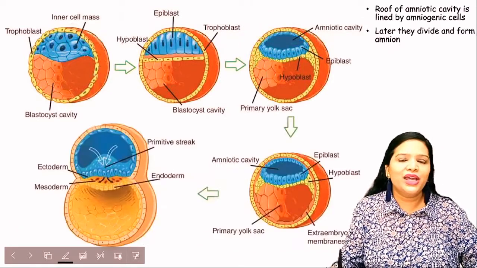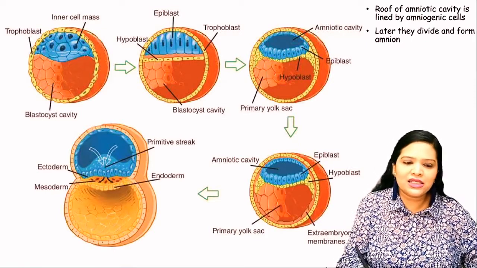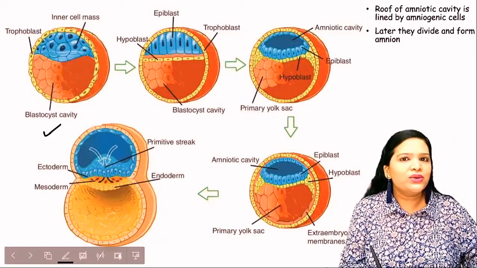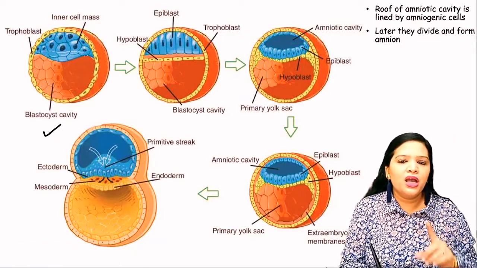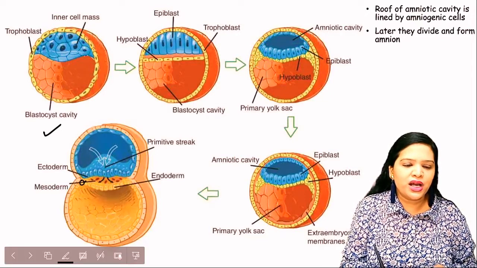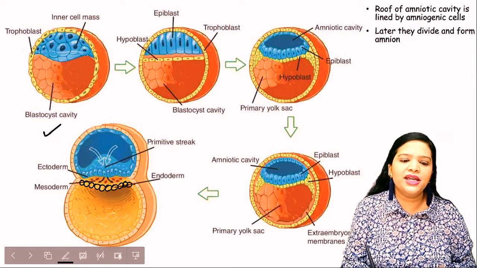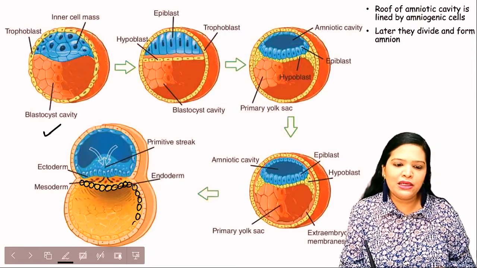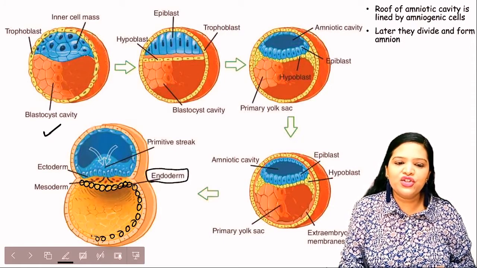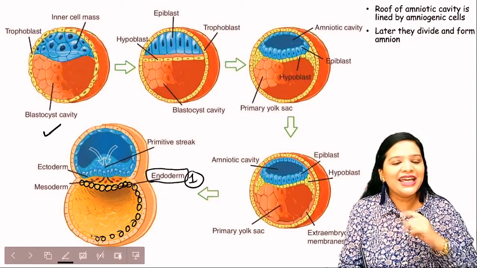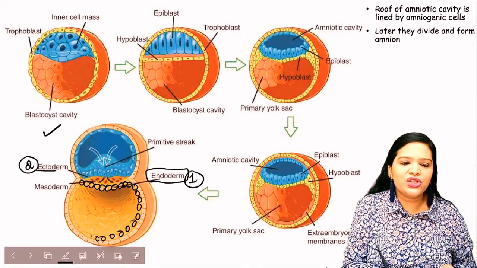Clear? Okay, so let us understand some more detail using this picture. See this picture, we can see all the germ layers. The first germ layer formed is the endoderm. This yellow color is the endoderm, the first germ layer, which continues below as the yolk sac. The second germ layer, formed from the epiblast cells, is the ectoderm here.